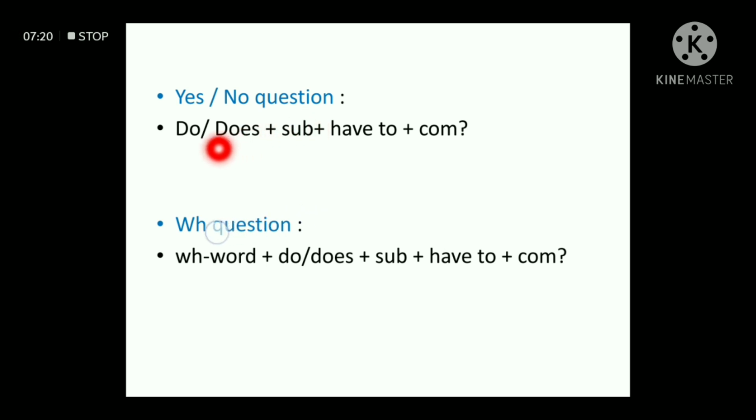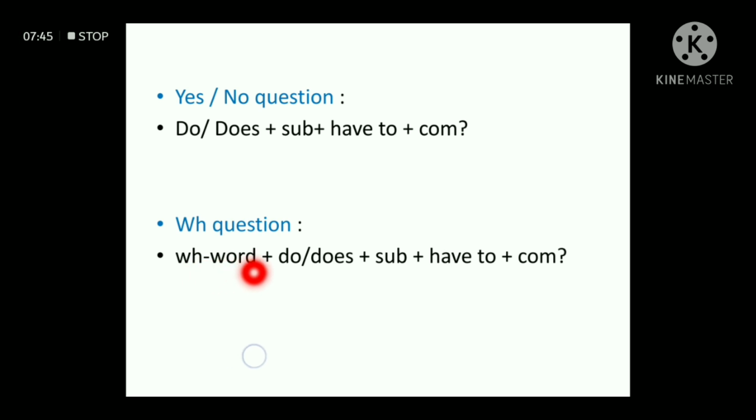It starts with do or does plus subject اللي هو الفاعل plus have to plus complement اللي هو تكملة الجملة. ودائما الجواب بيكون either yes or no. النوع الثاني اللي هو WH question that starts with the WH word.